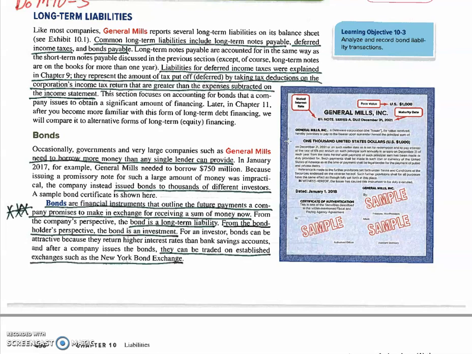Now, the important question you need to understand the answer to is this. When somebody buys a bond, what are they paying $1,000 for? Are they paying $1,000 for this nice little sheet of paper?